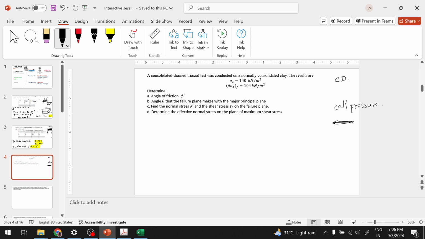What we do is, for example, I have prepared a sample, and this is my sample. I will encase this sample in a membrane, and I will put it in the triaxial cell.